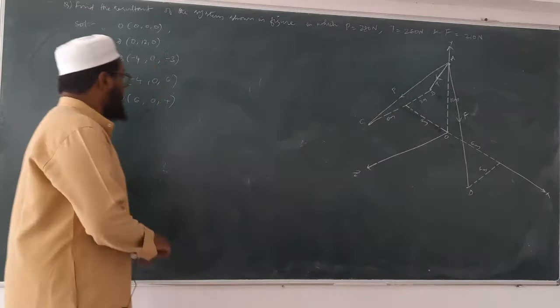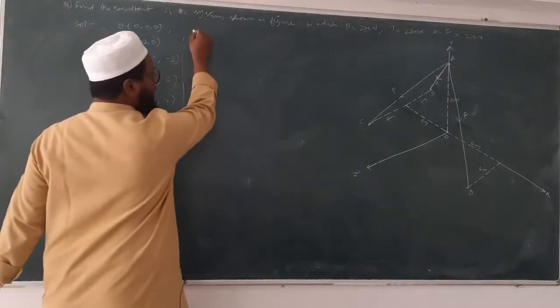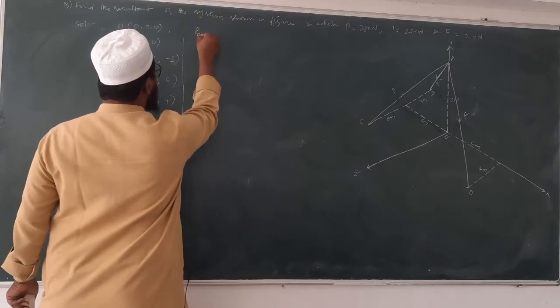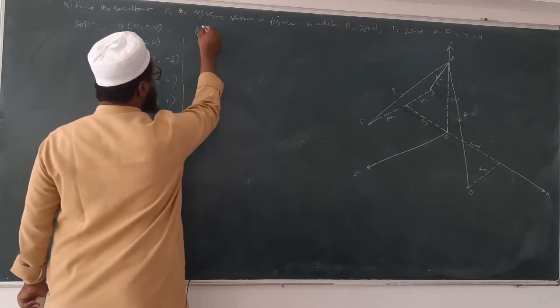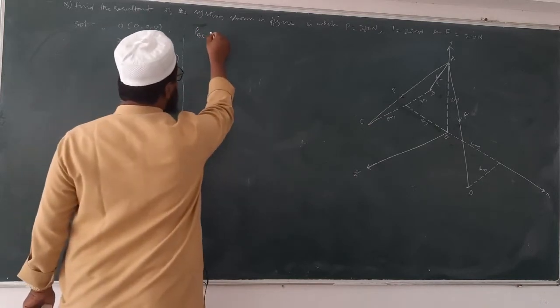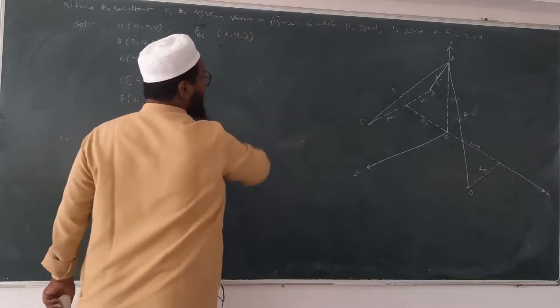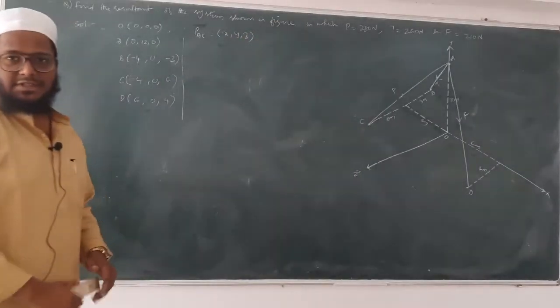Now, force, first we'll take force AC. Force AC is passing through point A to C, right? So we have to calculate x, y, z for that force, isn't it?